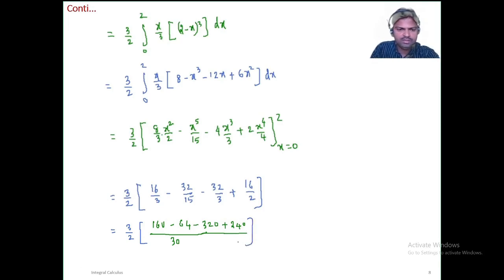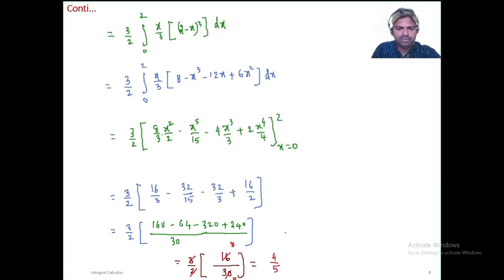And simplify this. This will be 3 upon 2, inside the denominator is 30 and the numerator 160 minus 320, so minus 160, minus 64 gives minus 224, plus 240 gives 16. So 16 by 30, and simplify this. 2 ones are 2, 8s, and 3 ones are 3, 10s, and again 2 4s are 8, 2 5s are 10, so 4 by 5.